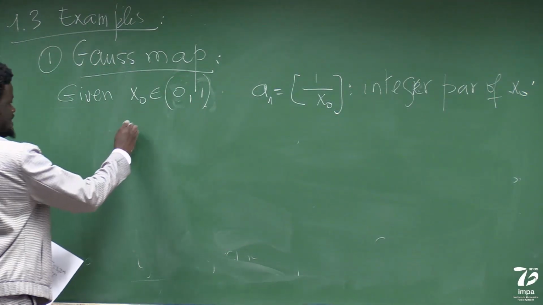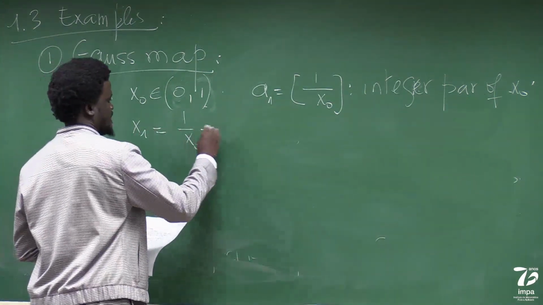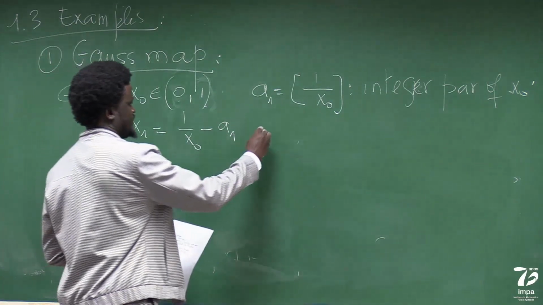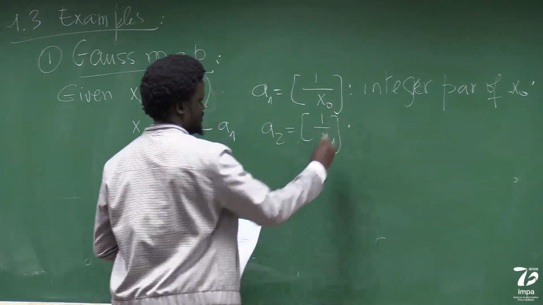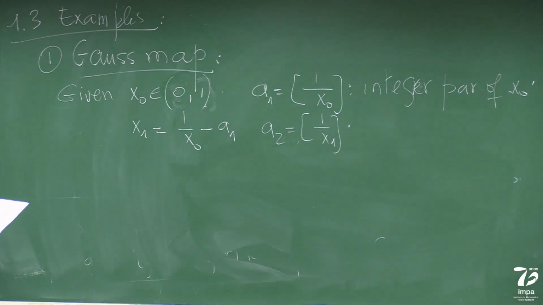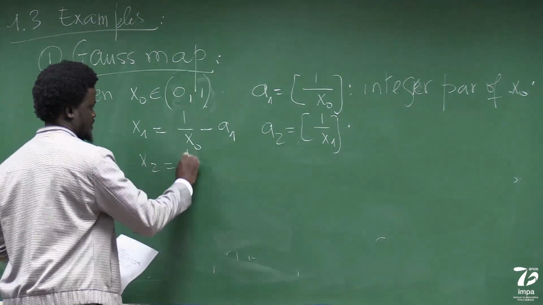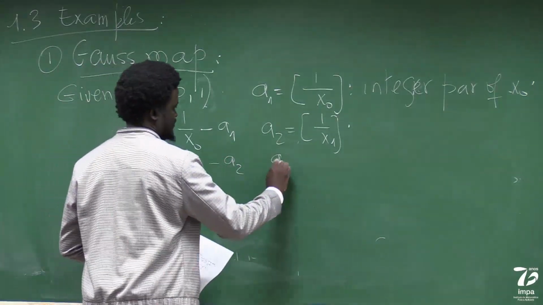And then you can define x1 to be 1 over x naught minus a1. And similarly, you can define a2 to be the integer part of 1 over x1. And then you do x2, 1 over x1 minus a2. And then a3 is just the integer part of 1 over x2.